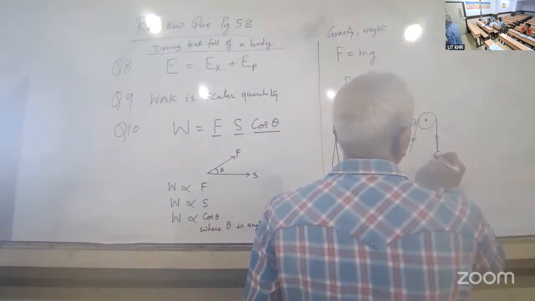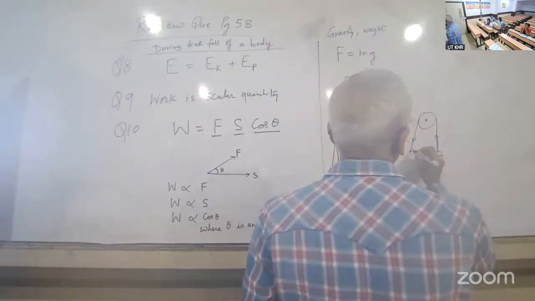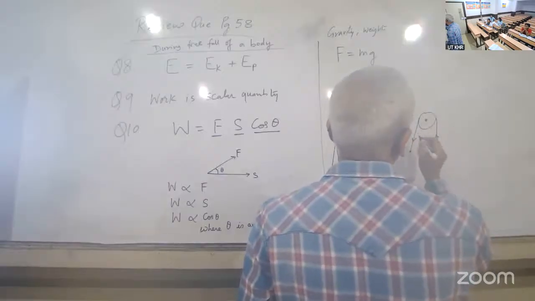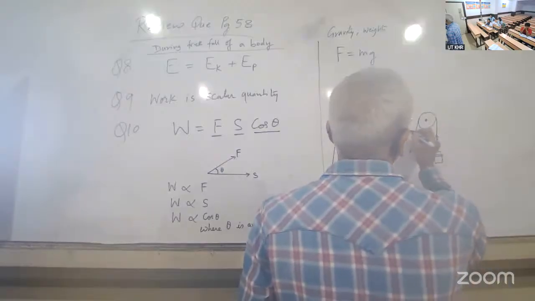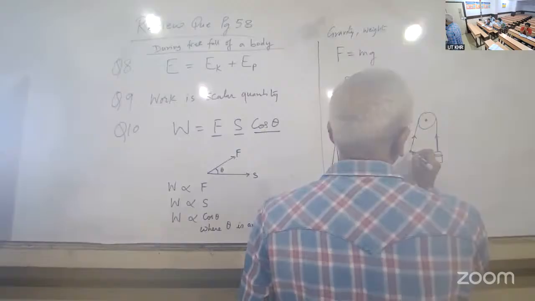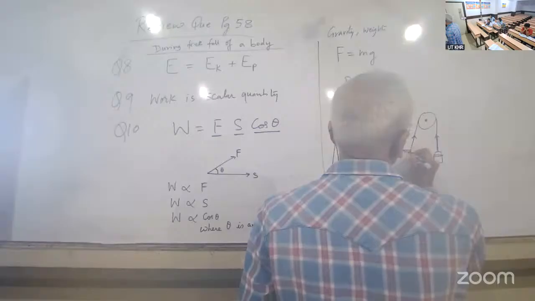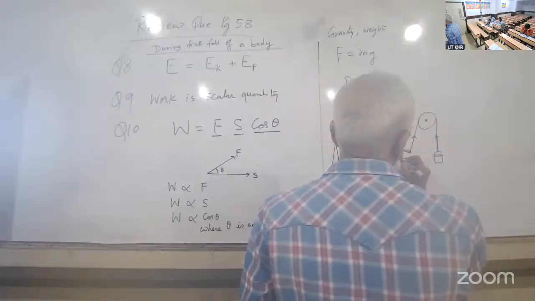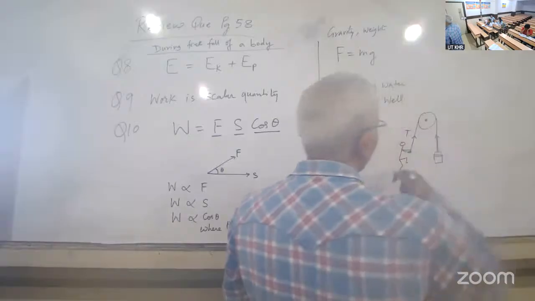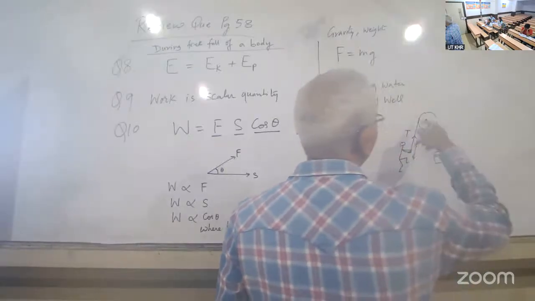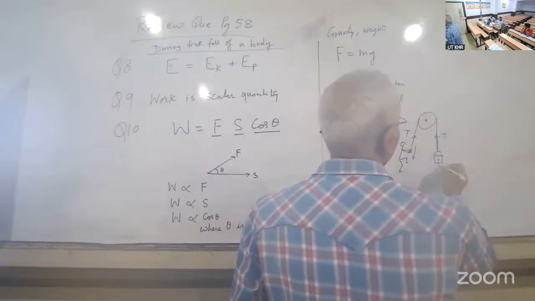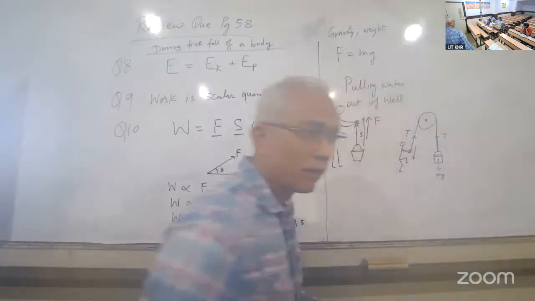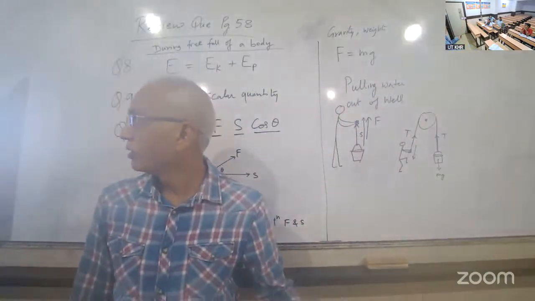You are applying force on the string, and that is the tension. When you pull it down, you are applying tension on the string, and tension pulls the bucket up. It's a different concept, an advanced concept, so we are not doing this.